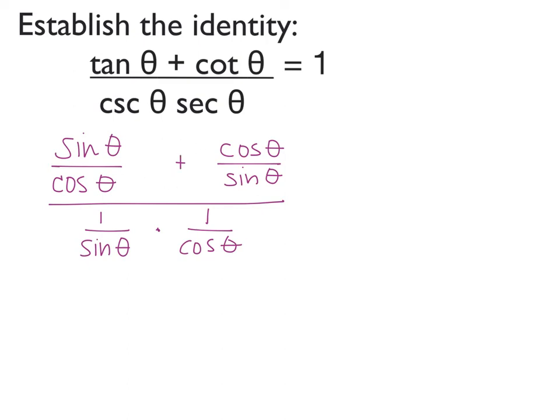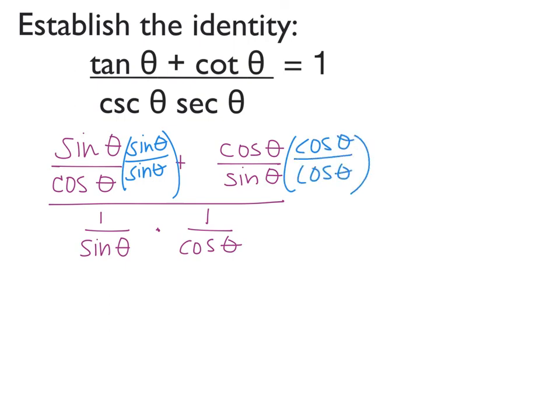I need to have a common denominator there, so I'm going to multiply by sine theta over sine theta here, and cos theta over cos theta here, and this guy will just become 1 over sine theta cos theta, which incidentally is the same denominator I'm going to have here.